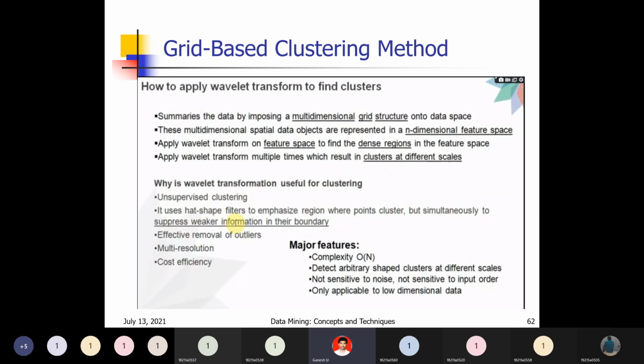For 11, the y value is 1, next 2, next 3, and it keeps increasing, then decreases again. For which x values the y value is high, you consider that. Where the y value is only 0 or 1, you remove that part. In that way you can find the density cluster.